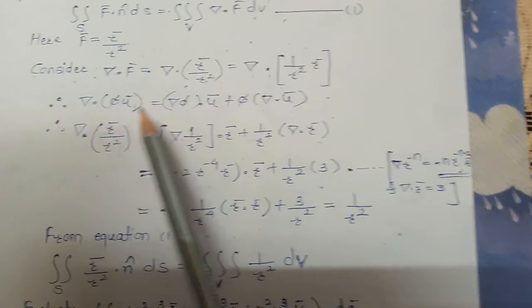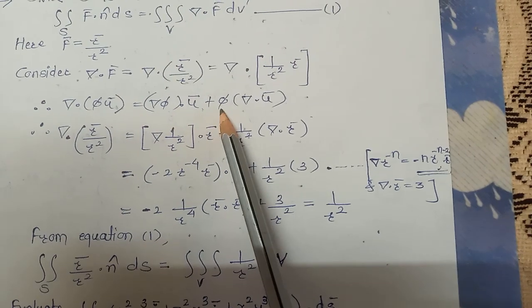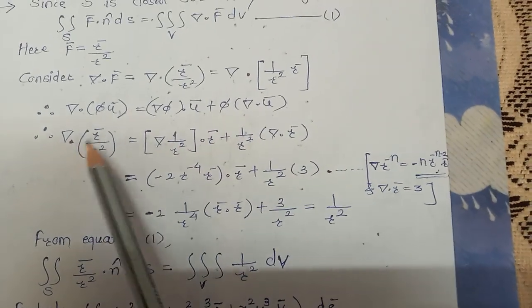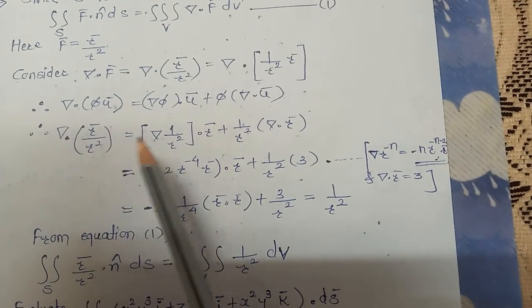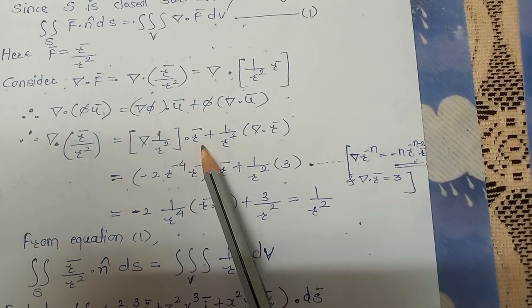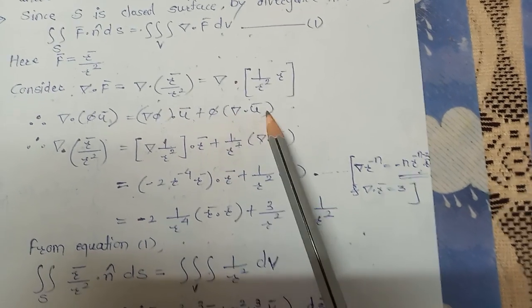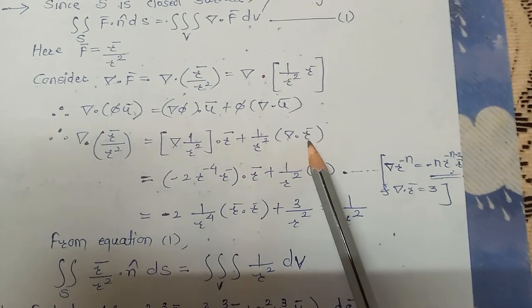So comparing these two, by using this vector identity we can write del dot r bar upon r square is del phi dot r bar plus phi, which is 1 by r square, del dot u bar, meaning del dot r bar.